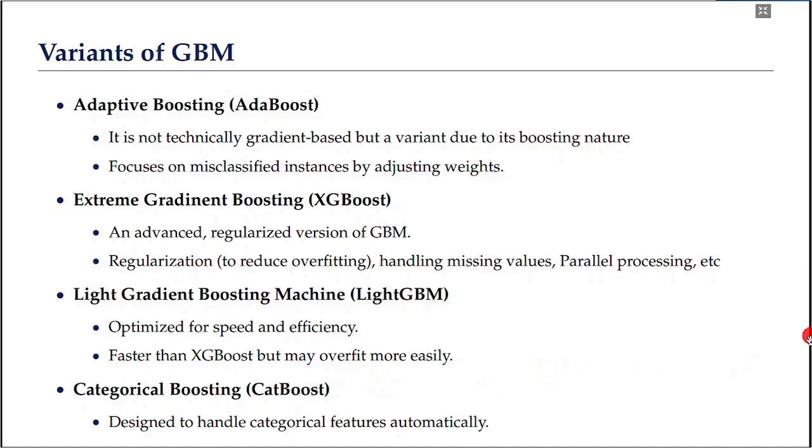So these are the most common machine learning techniques used for regression and classification problems: support vector machine, decision tree, k-nearest neighbors, random forest, and gradient boosting machine and its variants.